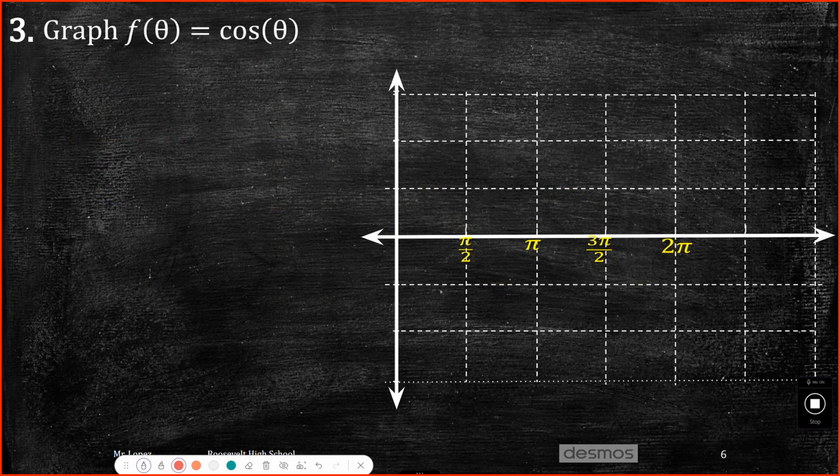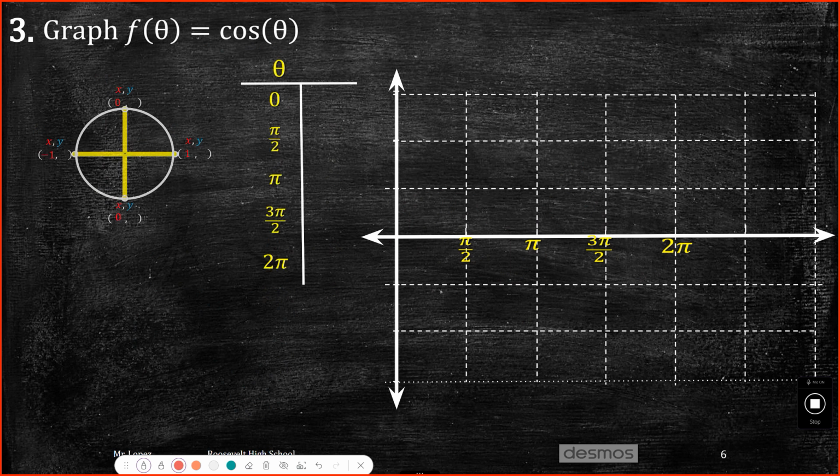Hey, look, cosine theta, we're running out of time. Cosine theta, you do all the work. We're going to do it now this time, everybody, because we're running out of time. We're going to do cosine theta. Instead of looking at the y, for cosine, we look at the x. So cosine of 0 is 1. Then 0 for the next 0. And then you plot the points.